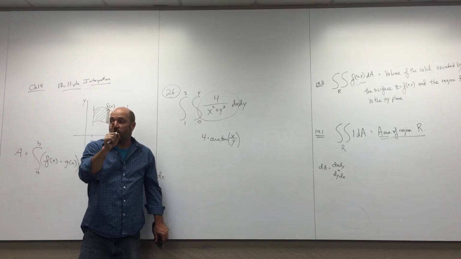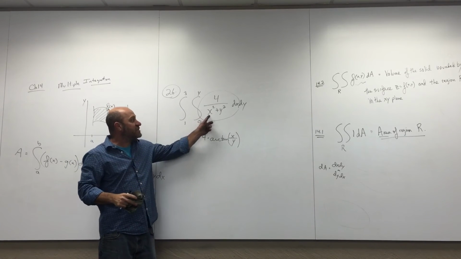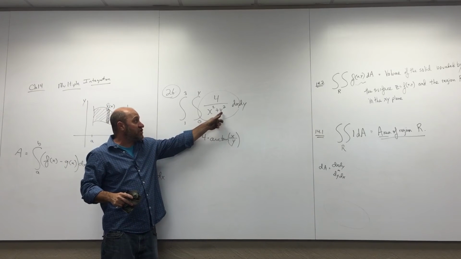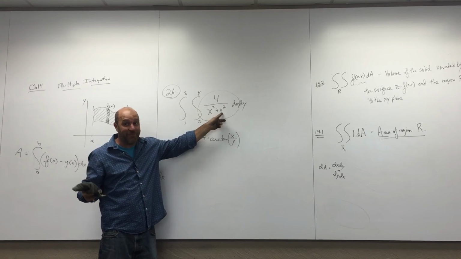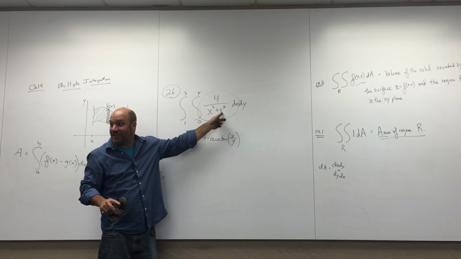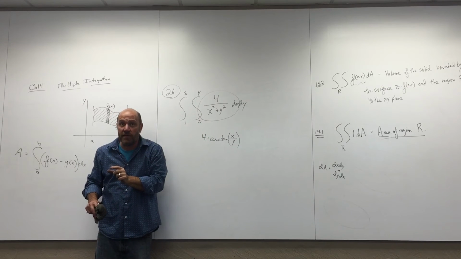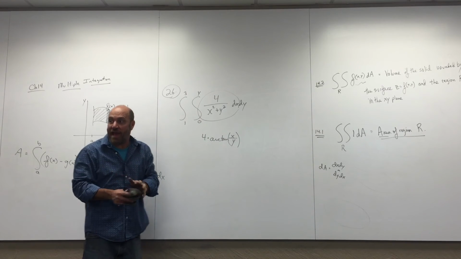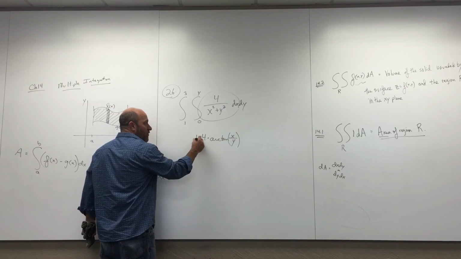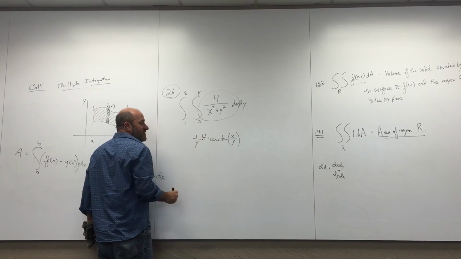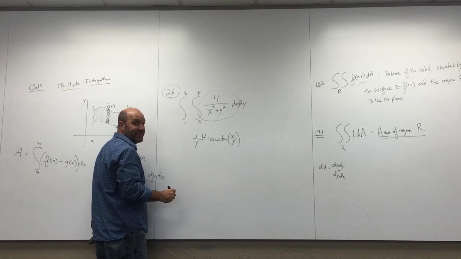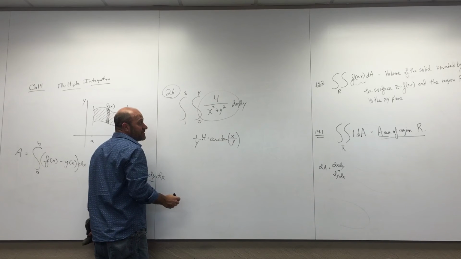Now, arctangent is x over a, and my a is usually a constant, and I'm treating my y like a constant. This is the arctangent of x over a. Does it have a 1 over a out front? Sure, I think it does. Yeah, it has a 1 over a out front. So what's that? A 1 over y out front? Wow, that's a trip, you guys. That's an arctangent.